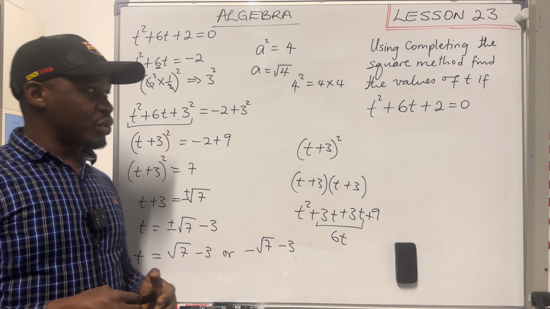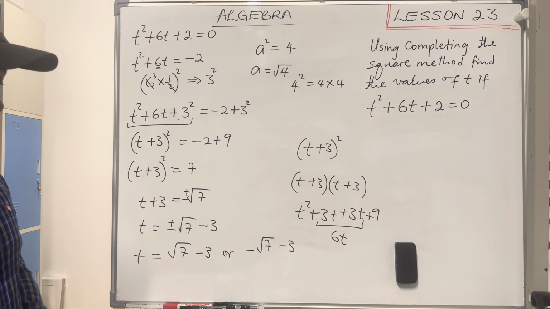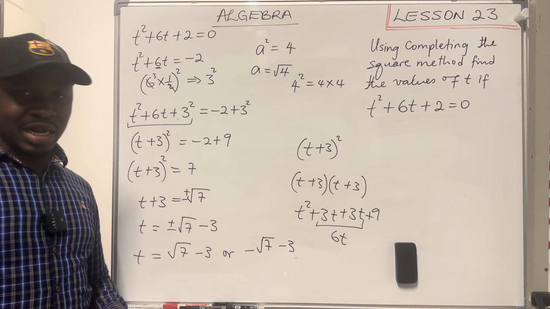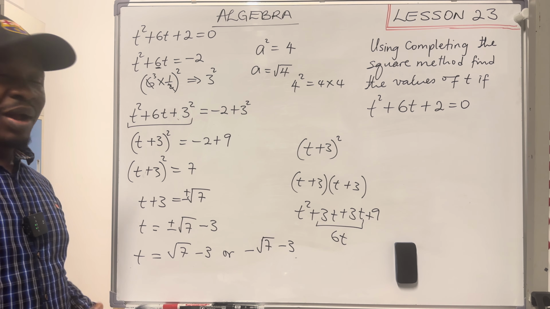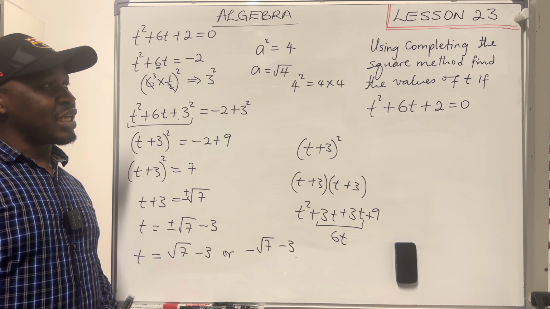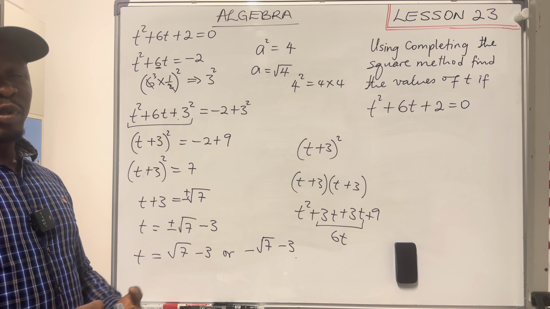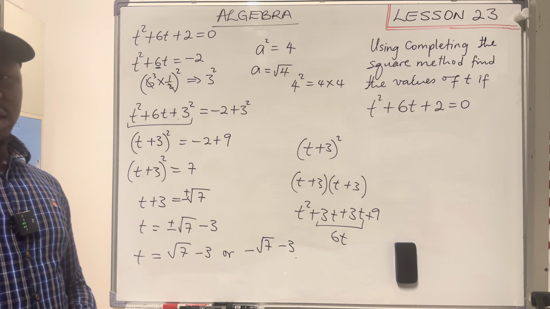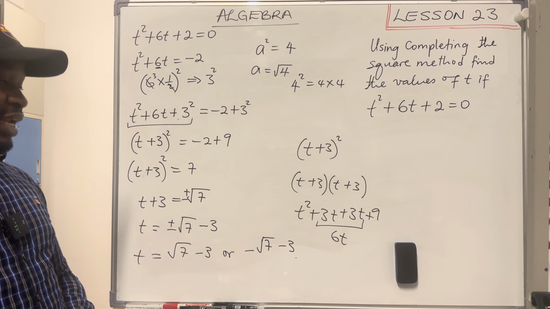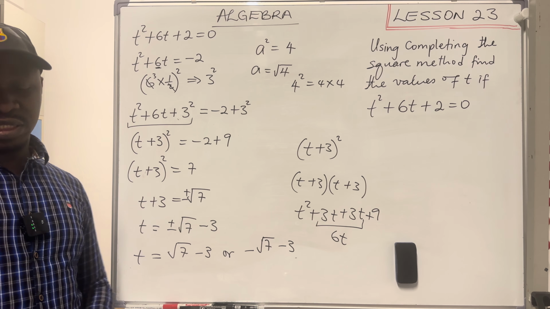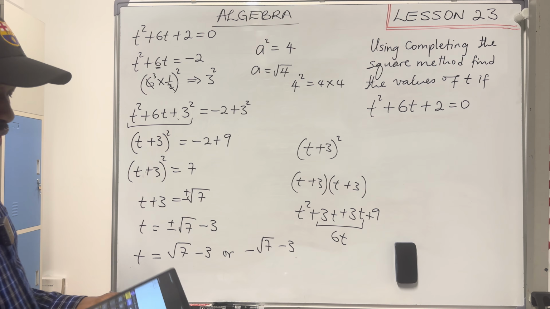So if the question says leave your answers in short form, these are the answers. If you want the decimal, or maybe the question will say leave your answer to 2 decimal places, 3 decimal places, 4 significant figures, to the nearest 100, something like that, then you'll have to send them to decimal. Okay, we'll send them to decimal.